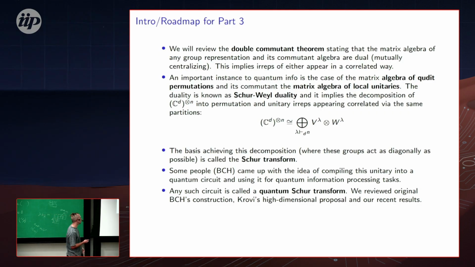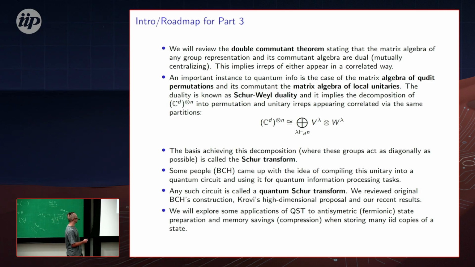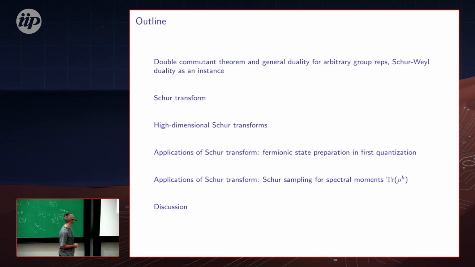We will review the original construction, then there's a high dimensional proposal by Krovi, and then we have some results. Then we will explore applications of the quantum Schur transform to fermionic state preparation in first quantization and memory savings when storing many copies of a state. Okay, let's get started. That's the outline.